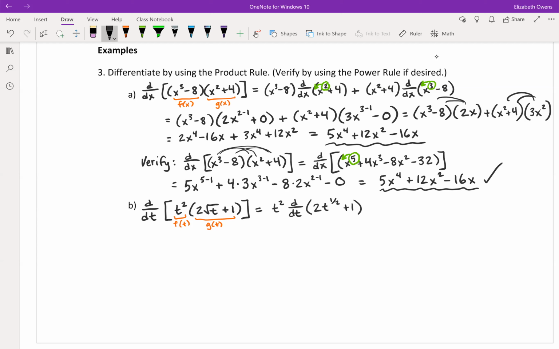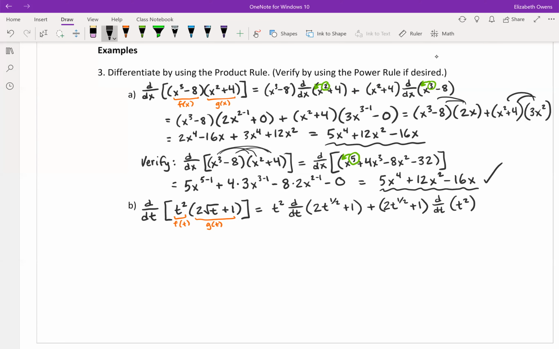It's much better to write those as rational exponents. So there's our first times the derivative of the second function, and then plus the second function. Keep track of those parentheses there, times the derivative of the first.